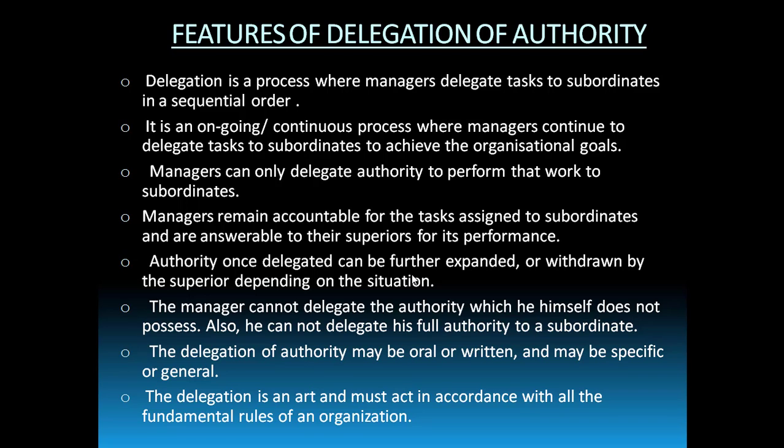So let's take an example that a manager got a work from his superior, the CEO. Now the manager delegated 20% of the work to his subordinate. Now the manager is responsible for the 80% of the work which he does himself, plus the 20% of the work which he delegated to the subordinate.